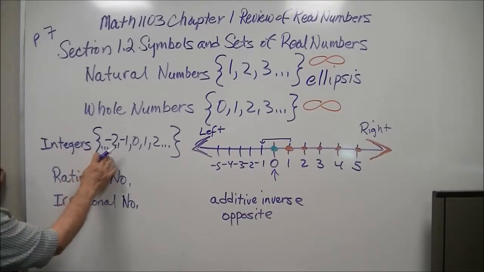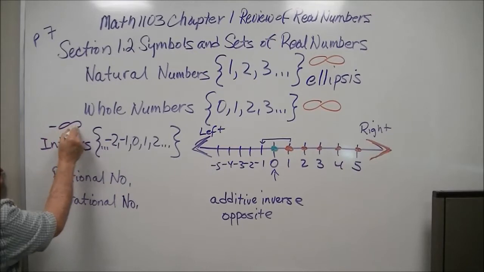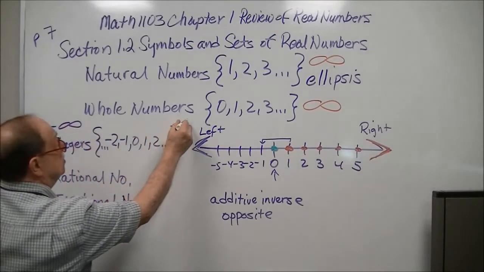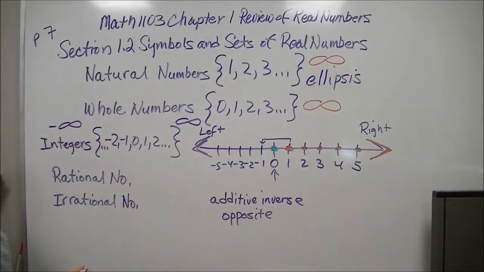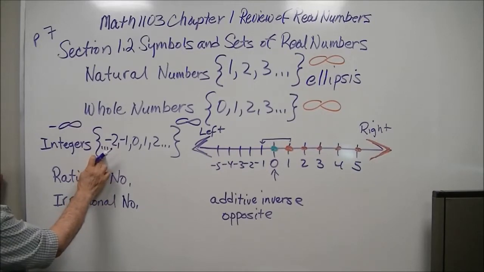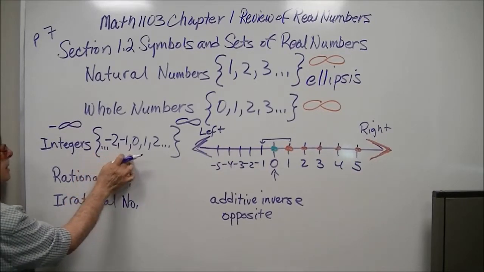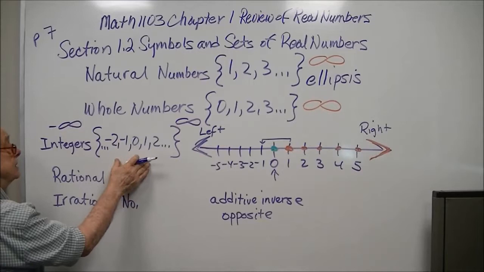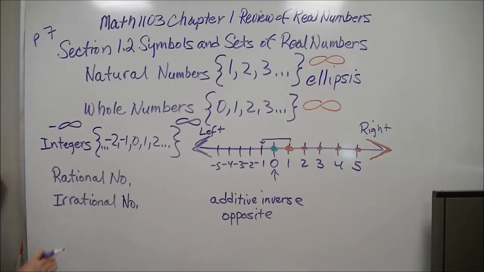So this is coming from negative infinity going to positive infinity, and we use our ellipsis to indicate that the pattern continues, and this is the way we show the set of integers.